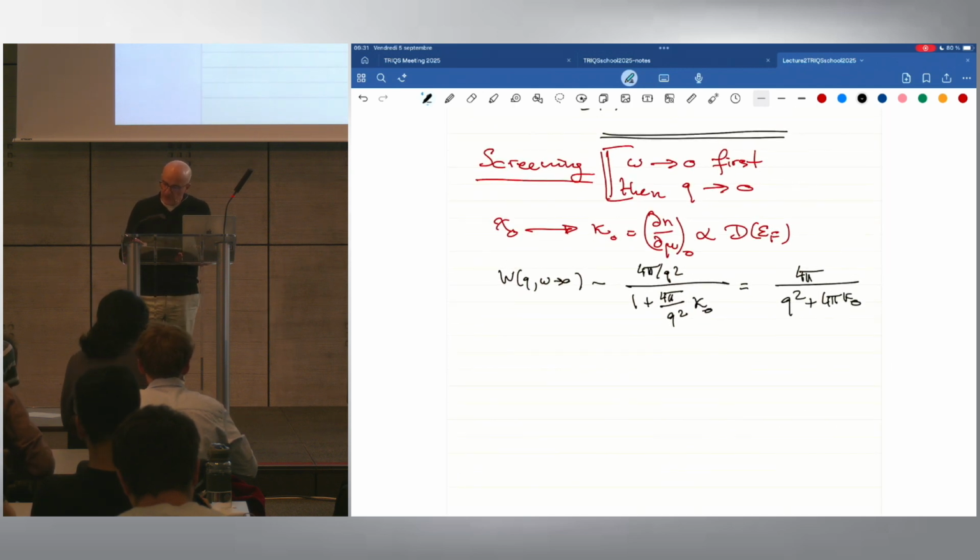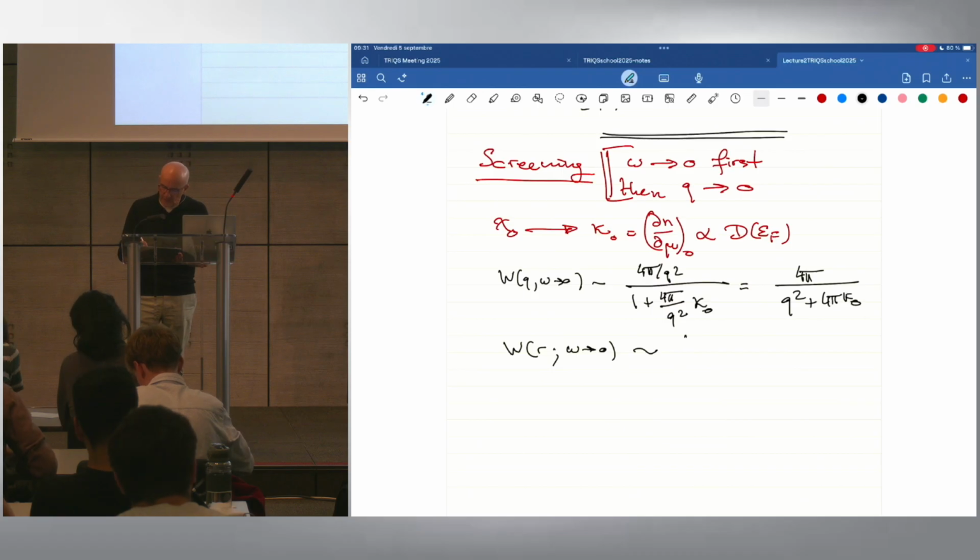And if you take the Fourier transform of this potential, W of R, always in this limit, omega goes to 0, this means that it's basically a Yukawa potential.